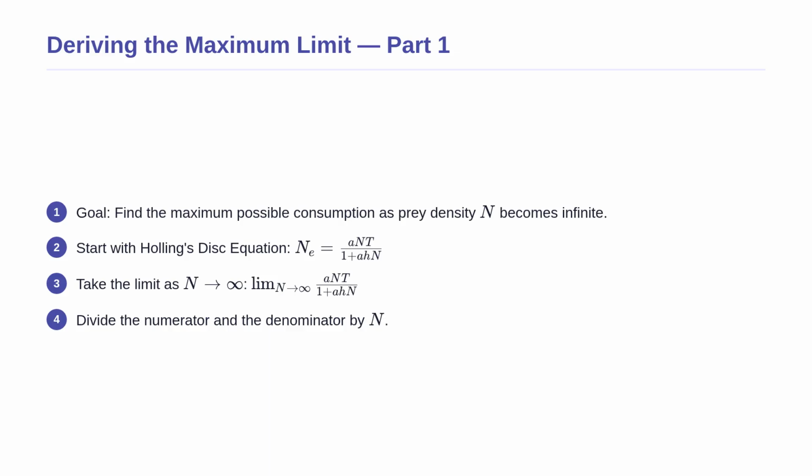In the fraction, both the numerator and the denominator contain the variable N. To evaluate this limit and find the horizontal asymptote, we can divide both the top and the bottom of the fraction by N. This is a standard algebraic technique that will reveal the absolute maximum number of prey a predator can consume.